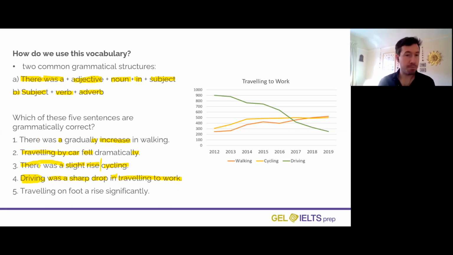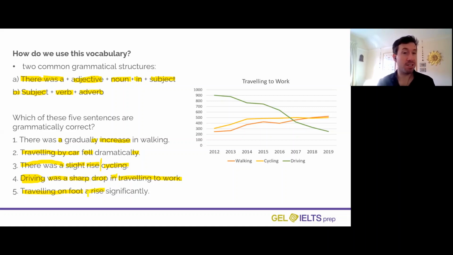And number 5. Traveling on foot a rise significantly. Well, the subject here, we've got traveling on foot is at the beginning. So that's the subject of the sentence. A rise. Well, rise is a verb, but a rise is a noun.